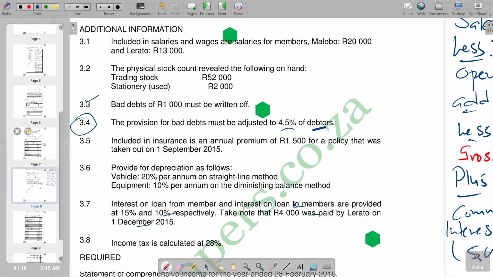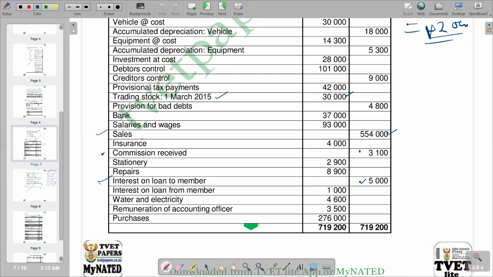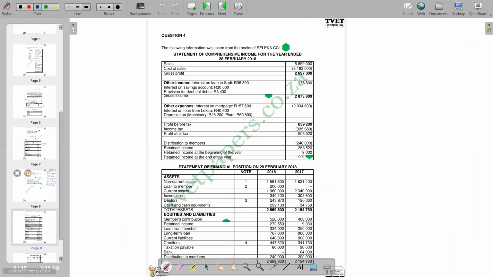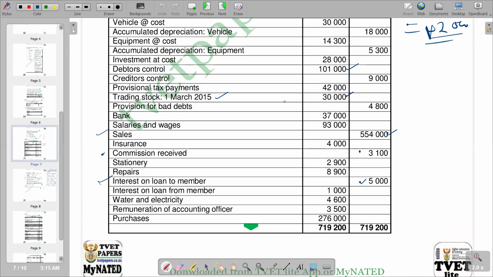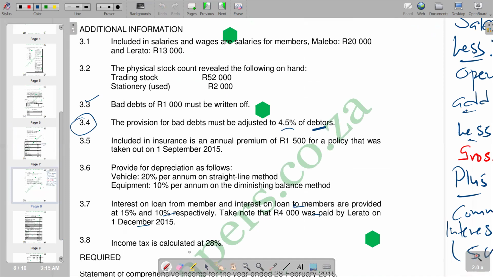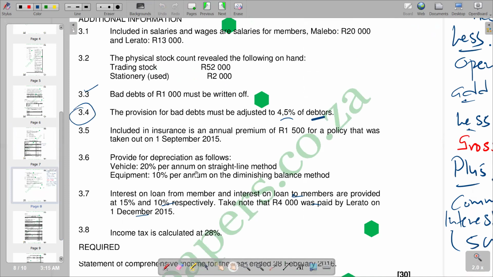So we go there, say the debtors control figure that we have is 101,000. Then we're going to subtract 1,000 for the bad debts. Remember, we got our bad debts here, a further 1,000 which must be written off. So basically, we subtract it from the 101,000 debtors control figure that we have there. So we say here, percentage is 4.5%.